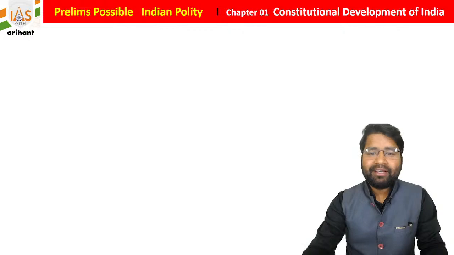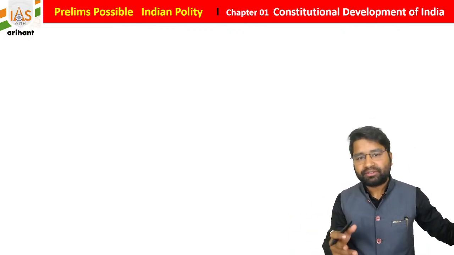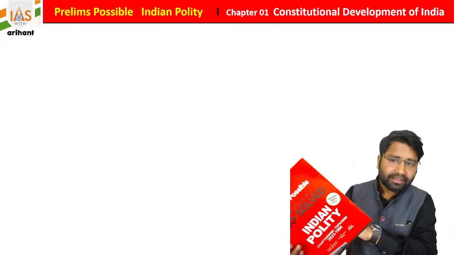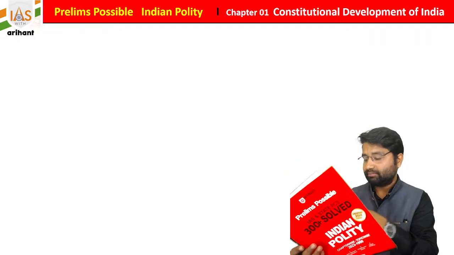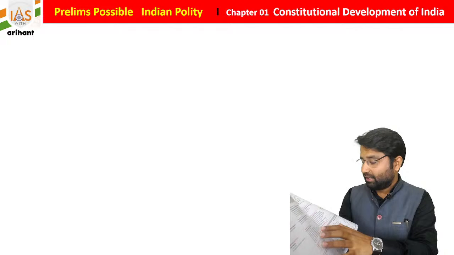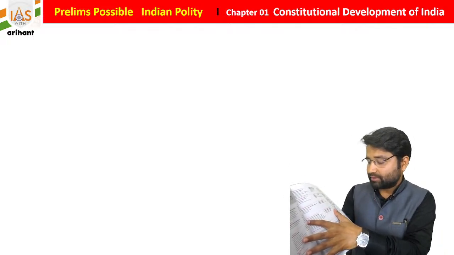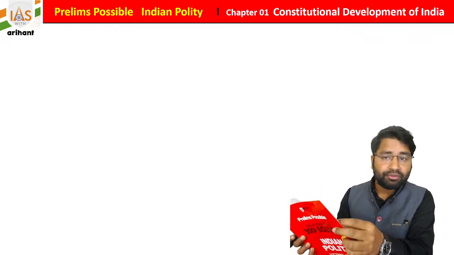From here we are going to start. One more thing I would like to mention from the same book, students: this book is divided into chapters, and then there are topics. You have to take this book to understand the clarity. There are 30 chapters including the miscellaneous, and these chapters are divided into topics.